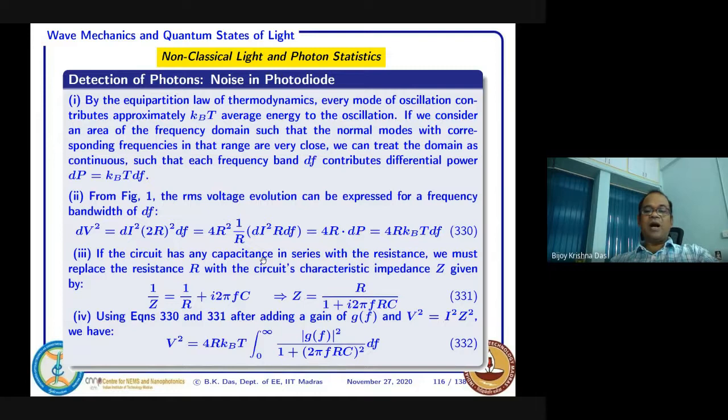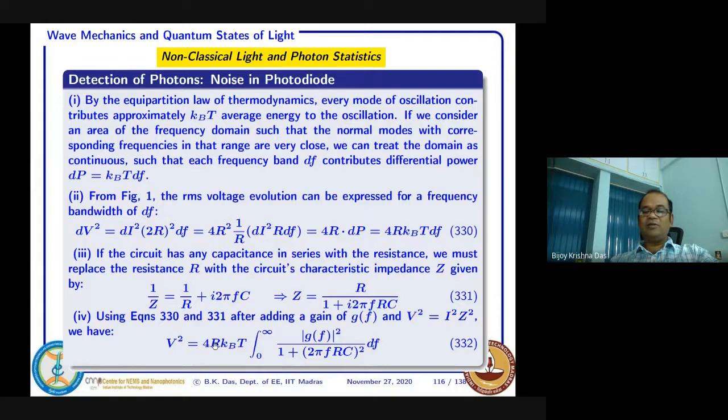So, calculating the parallel equivalent impedance, instead of R, whatever you have used in this derivation, these R's on the right side are now replaced by Z, a complex impedance. If you replace that, the dV square expression is for a band of frequencies dF, and the frequency dependence is there because of the capacitance.